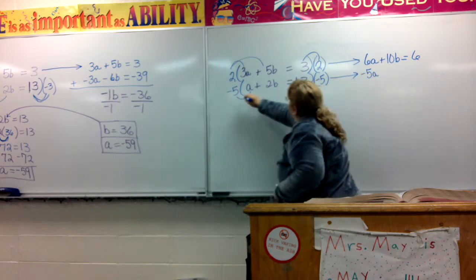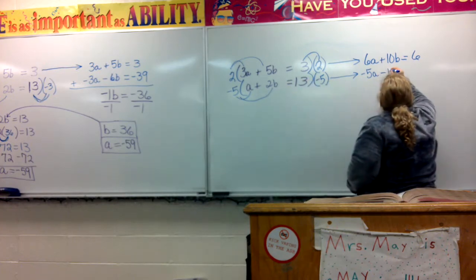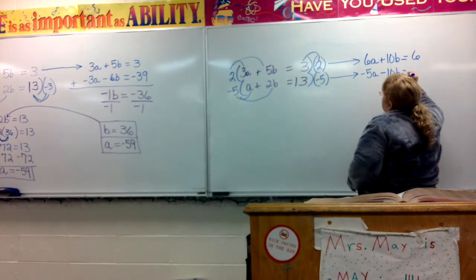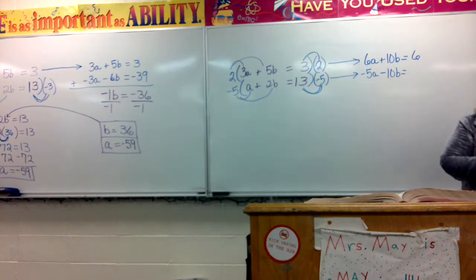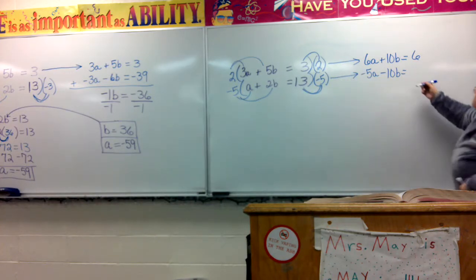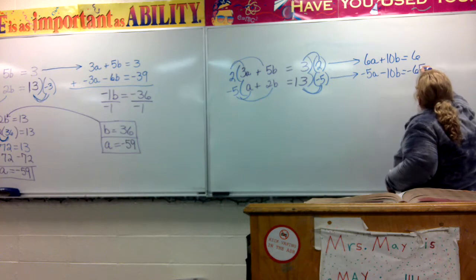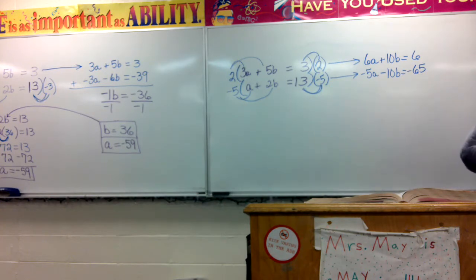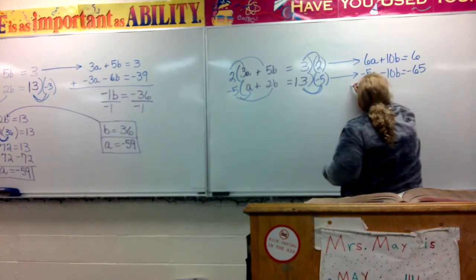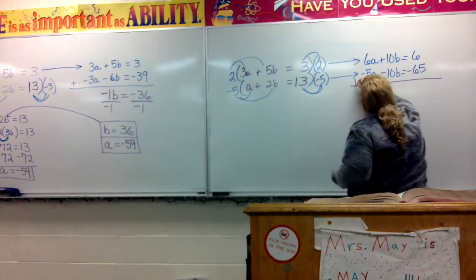-5a minus 10b. Don't forget the other side. Uh-oh. -5 times 13 is -65. And we're going to add those up.